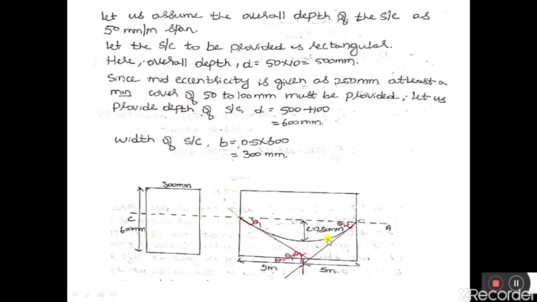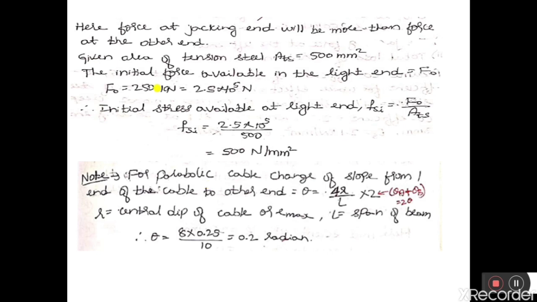Hence we can tell that the initial pre-stressing force at left end will be more than that of right end. So here the initial pre-stressing force at right end is 250 kilonewton. Therefore, the initial pre-stressing force at left end should be more than 250 kilonewton. Here the force at jacking end will be more than force at other end.